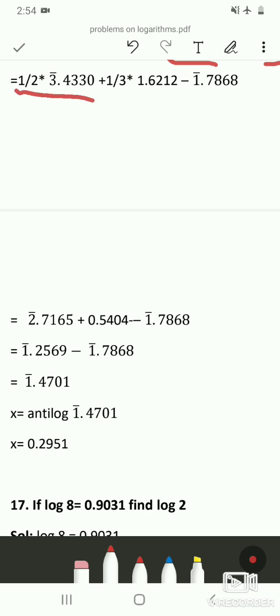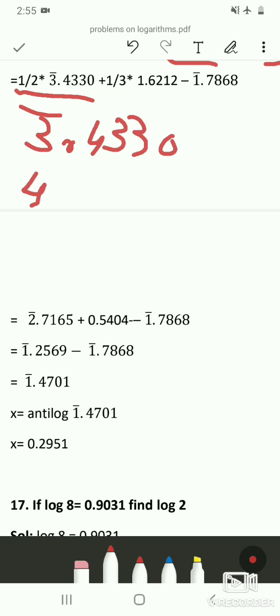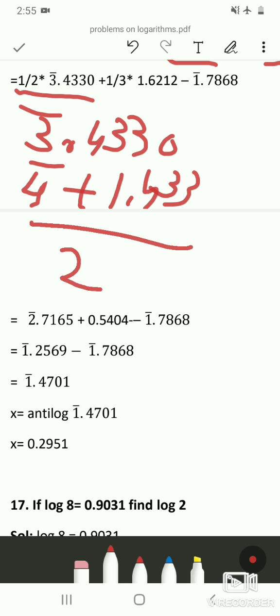So here for this step again use the division of logarithm method, that is, you can write 3.4330 as (-4 plus 1.433) whole divided by 2.